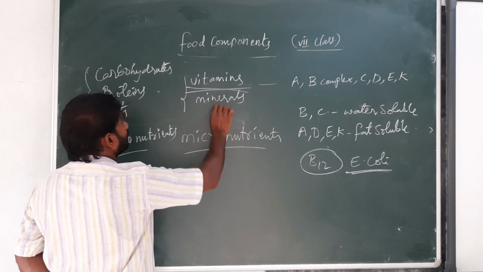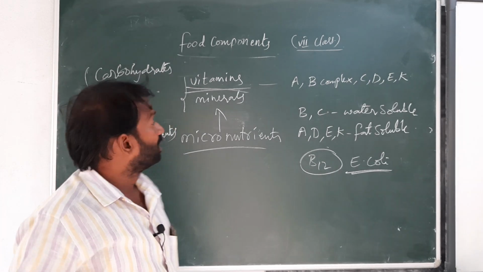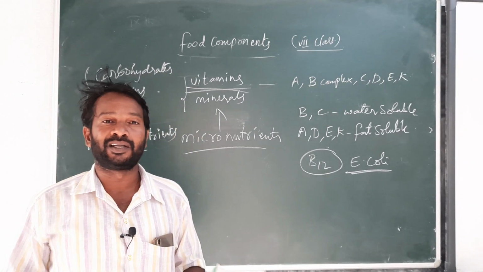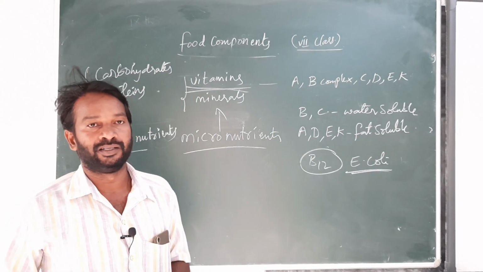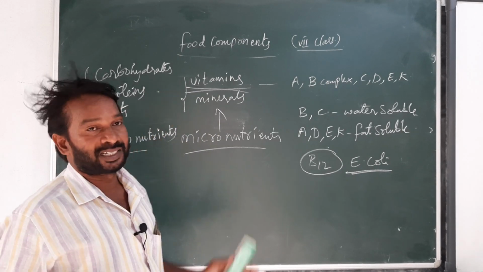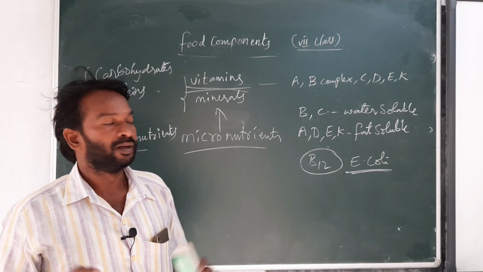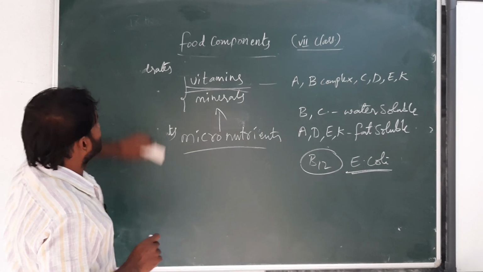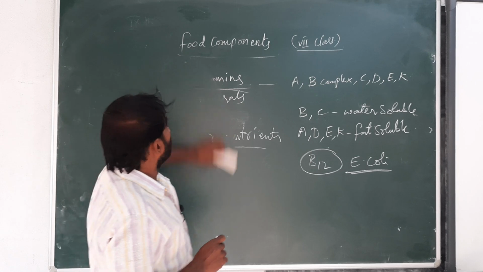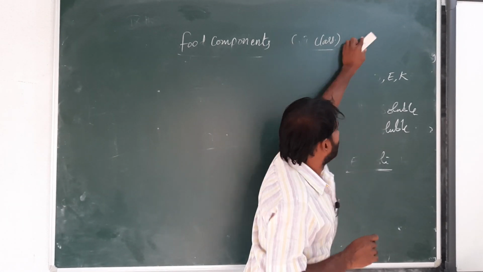Micronutrients are these, and macronutrients are these. All these food components are present in our food, in our diet, and are essential to carry out various metabolic activities in our body. Next, including these five, water and fibers are also required by our body.